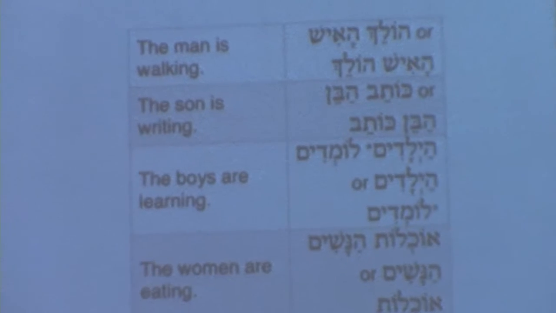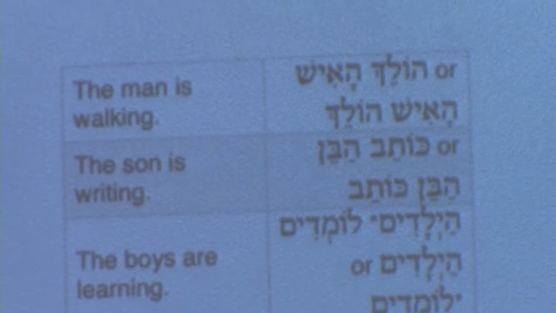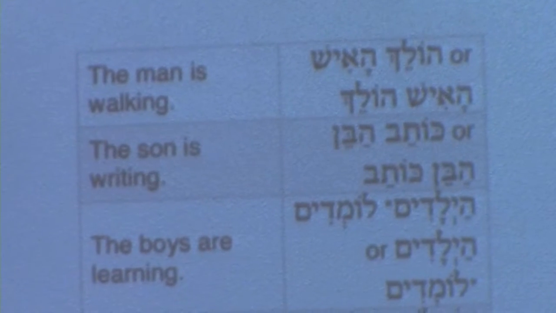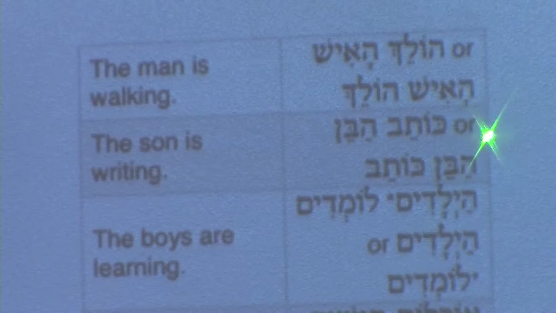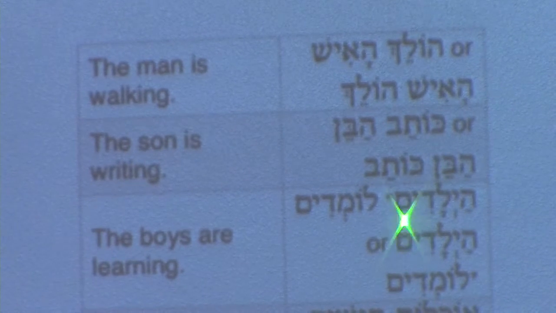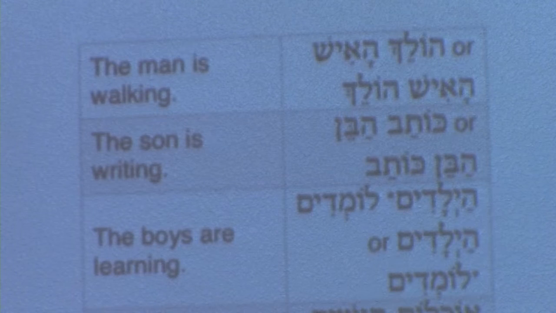Ani holech. I am walking. Here we go: kotev habin or habin kotev. The son is writing.